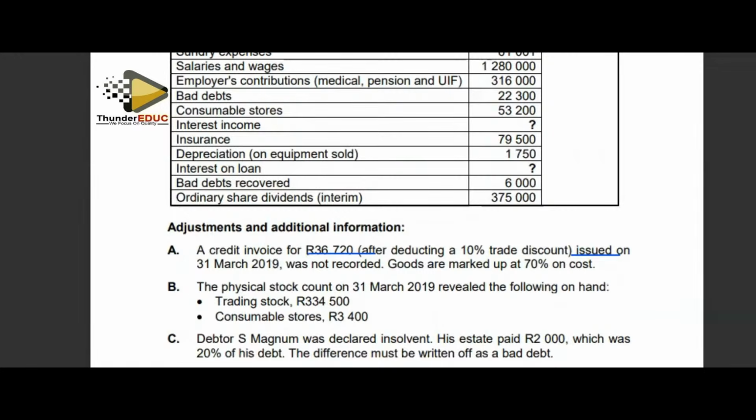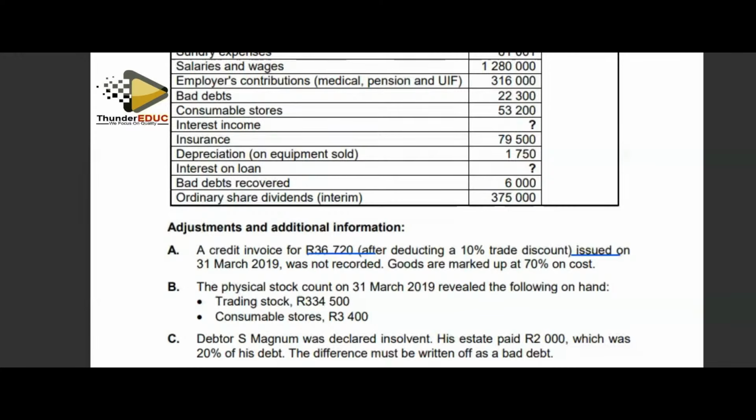Okay, let's check the credit invoice was for how much? And then they said that the credit invoice issued on March was recorded. No, that one does not affect. So I'm not seeing anything affecting our cost of sales, but if we come across it, definitely we shall look at it. But there's nothing affecting our cost of sales.